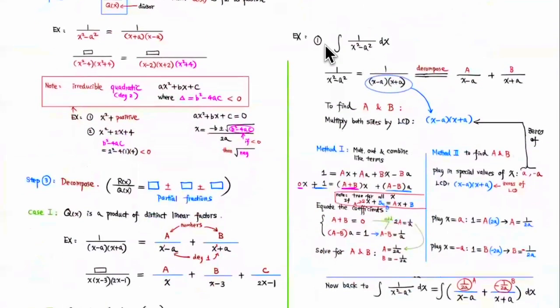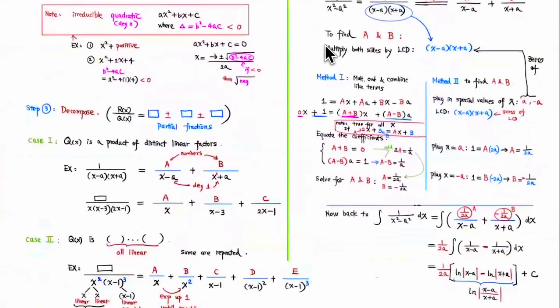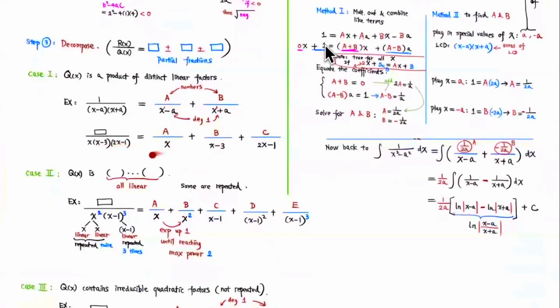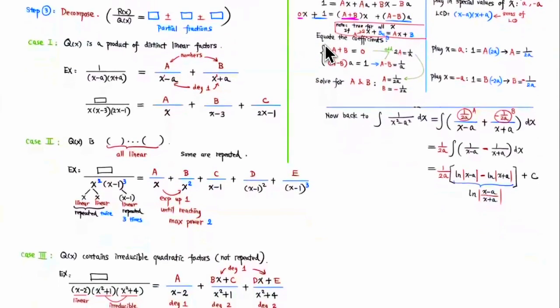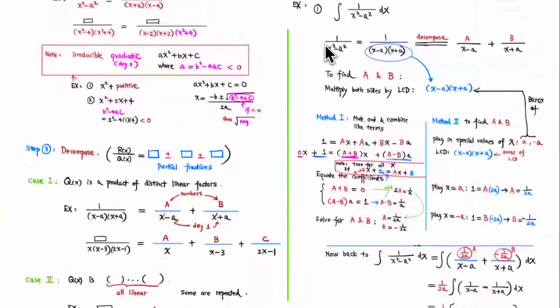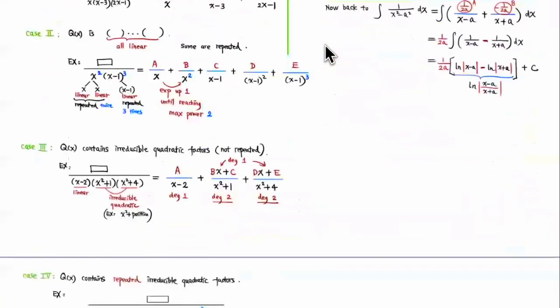I put out these 4 cases for how to decompose them for different cases. And I also have an example of how to find those A and B right there. So here's an example, you can take a look.